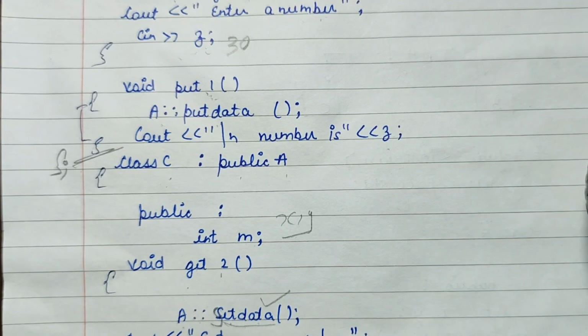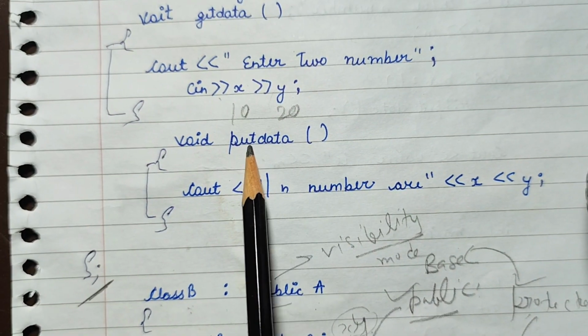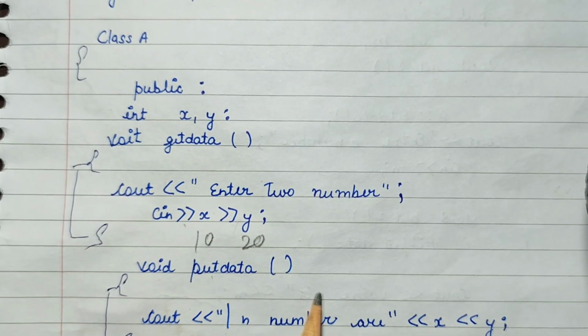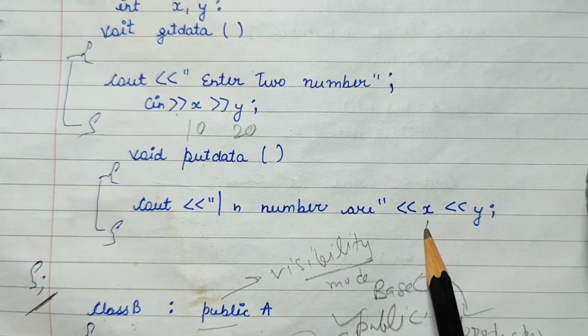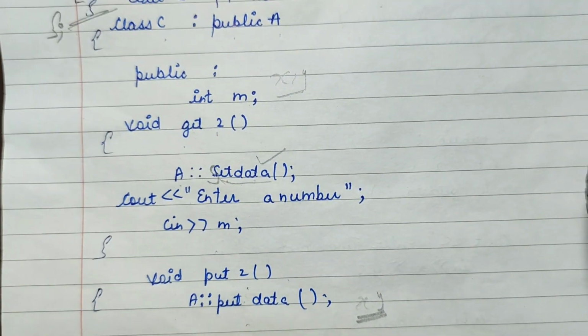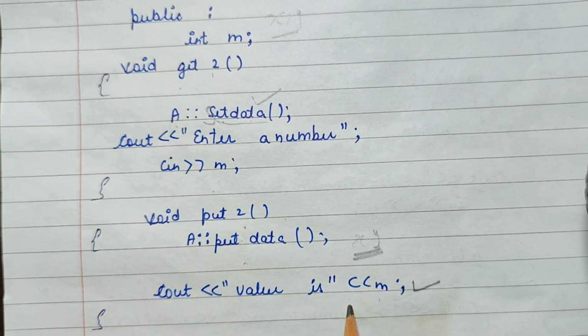So first I display the put data member function of class A. Put data member function of class A is called. So here first it displays the value of x and y. So here 10 and 20 will display because x has a value 10 and y has a value 20. And after this, now we display the value of the m variable.